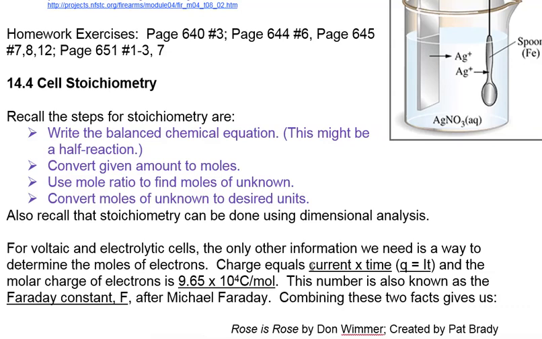So charge is equal to current times time, and Q stands for quantity of charge here, not quantity of heat. And remember, I is for intensity of current, so Q equals I t means the charge equals current times time. And molar charge of electrons, we're given in coulombs per mole. So this is a constant that is in your data booklet on the miscellaneous page.